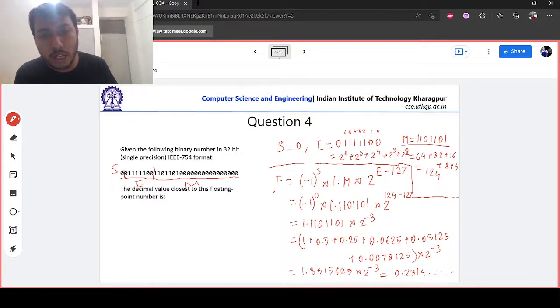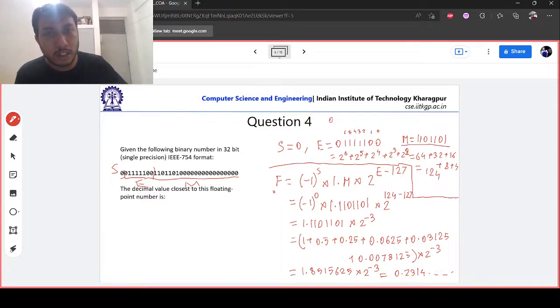So how will we do that? If you have gone through the lecture, previously we also studied how to convert a binary number to a decimal number. So this will be 1.1.